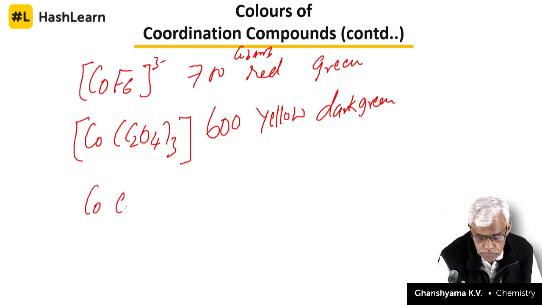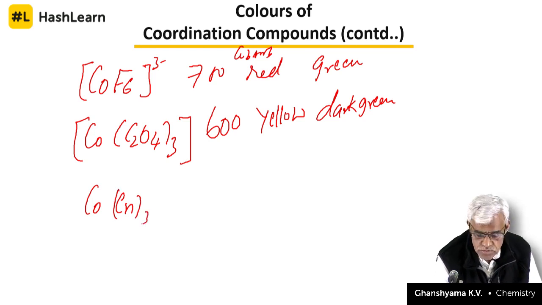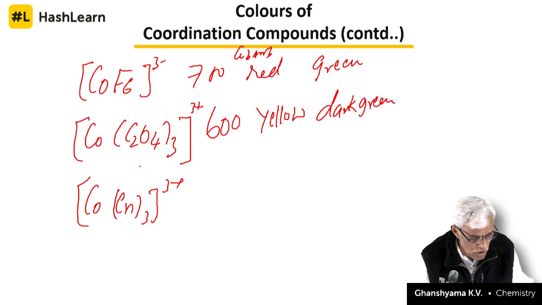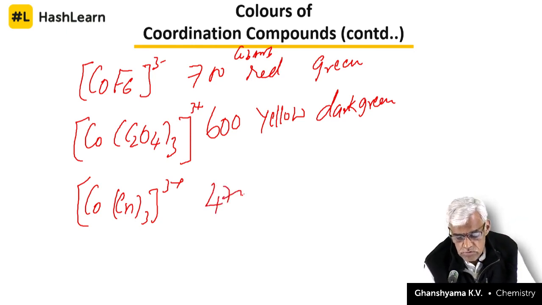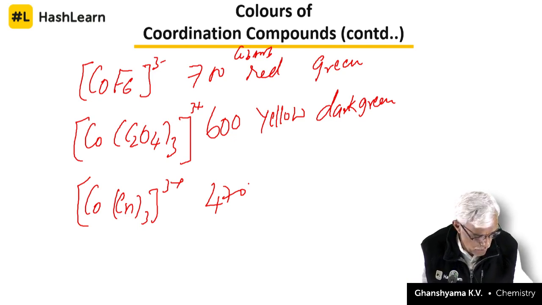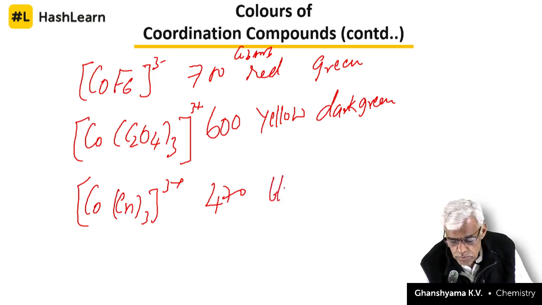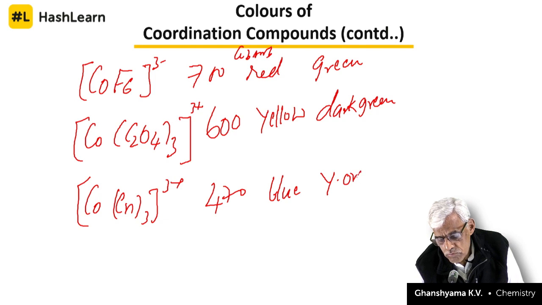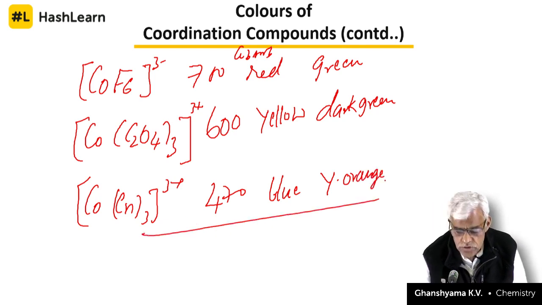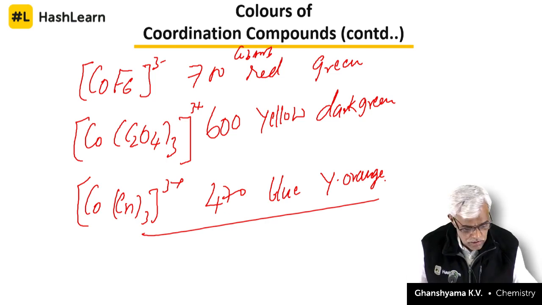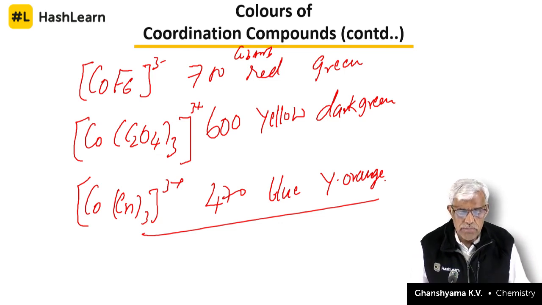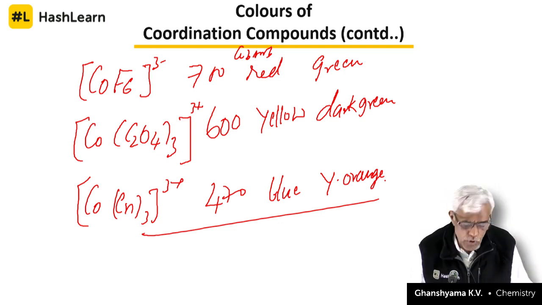In the case of [Co(en)3]3+, this is also 3 plus, en is a very strong ligand, it shifts to the lower wavelength side, 470, and that is the blue region. It appears yellowish orange. The complementary color is seen. So, coordination compounds absorb energy in the visible region of the spectra, 700 to 400 nanometer.